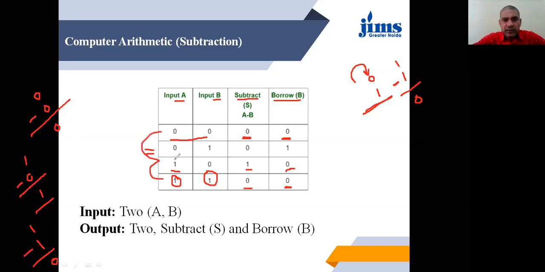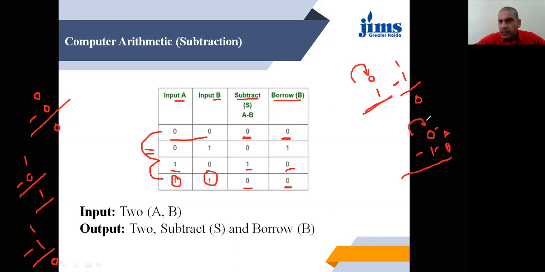Now we will try to understand the fourth case when we have to subtract 1 from 0. Subtracting 1 from 0 means the value of A is 0 and the value of B is 1. As in the case of decimal, when we have to perform this type of operation in subtraction, this number is smaller than this. Hence, we cannot perform the subtraction. In this case, we have to take a borrow from the next bit.